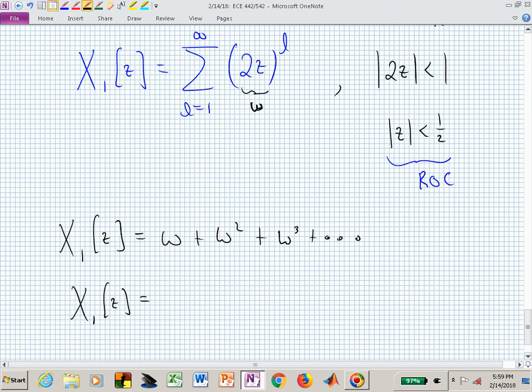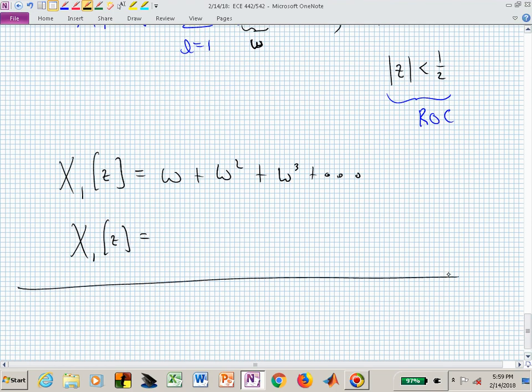And how do we keep the same tail but maybe introduce a new term? What do we have to do to capital X sub 1 of z to have the same tail but yet maybe have the front of that series expansion different?